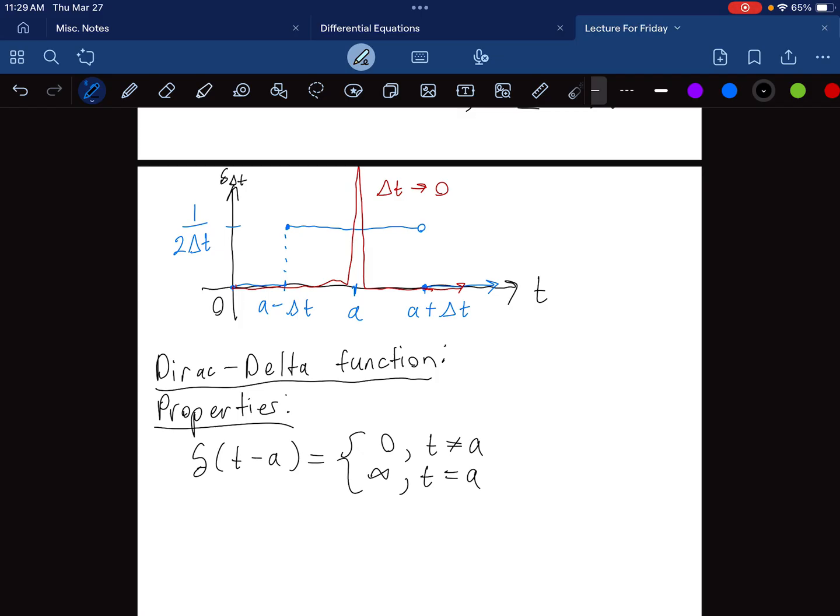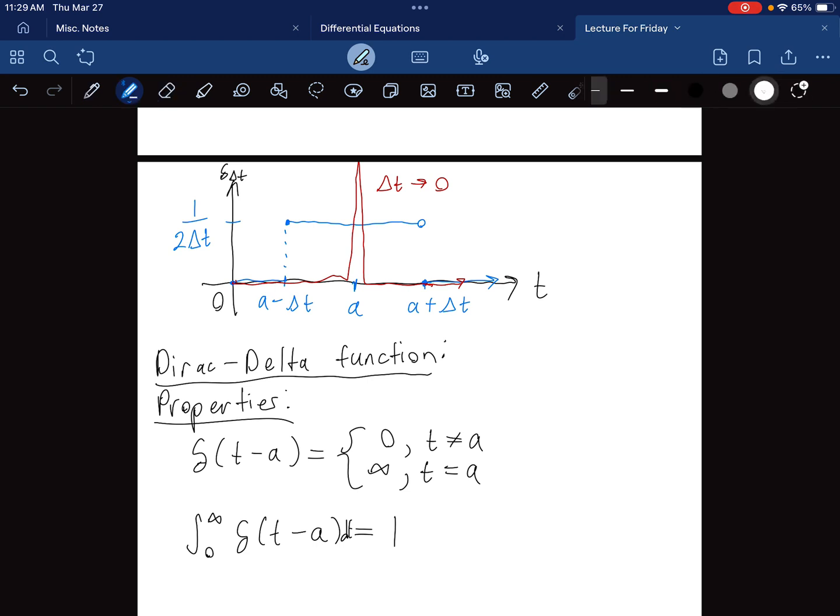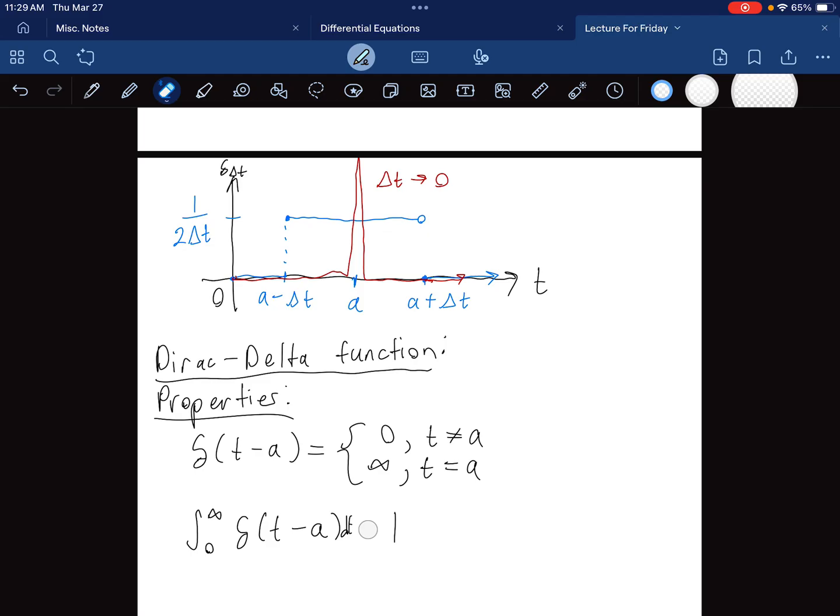But this isn't really a function, because we can't have something equal to infinity. So instead, we have this representation as an integral: the integral of the Dirac delta function of t minus a, dt, with respect to t, is equal to 1.